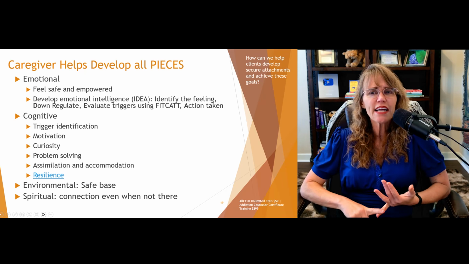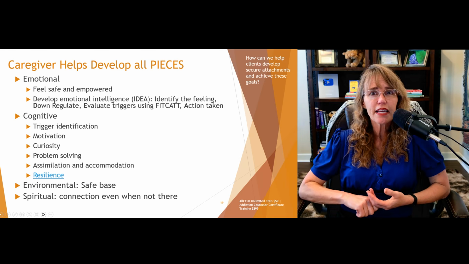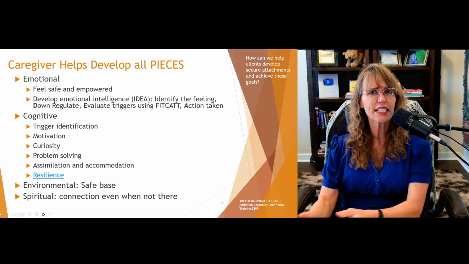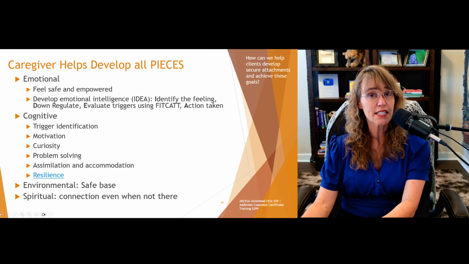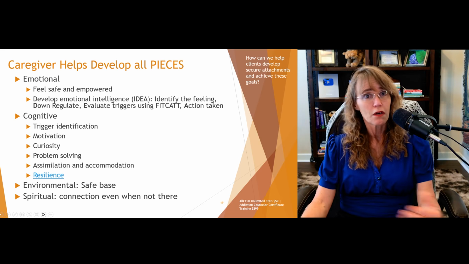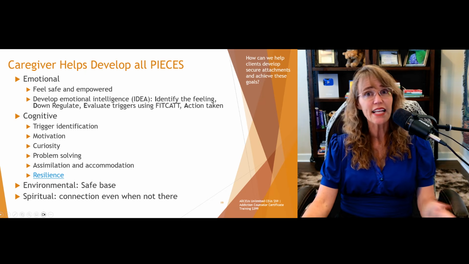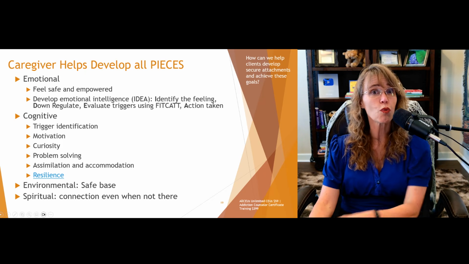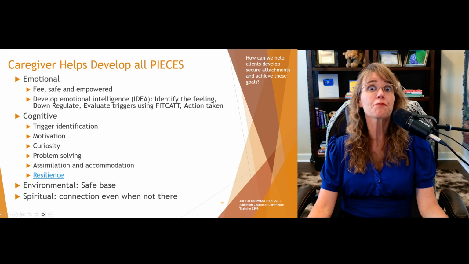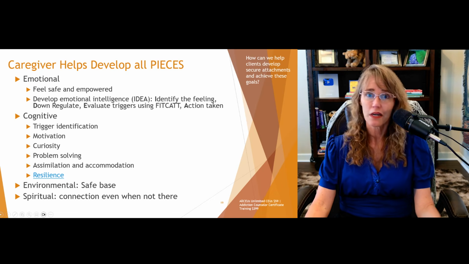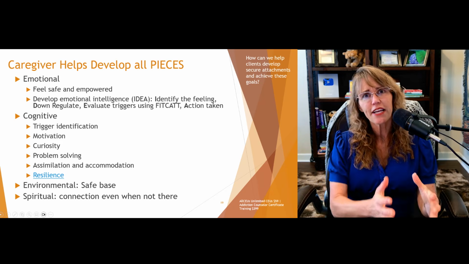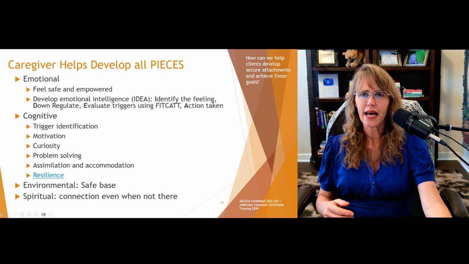Cognitively, trigger identification. The caregiver can help the child identify, why did you get so upset over this particular time? Well, Sally did something that hurt your feelings and made you feel rejected. Okay, that's one trigger. You didn't get enough sleep last night, so you were already vulnerable. All right, we can consider that a trigger or a vulnerability. The caregiver can help the child go through that.